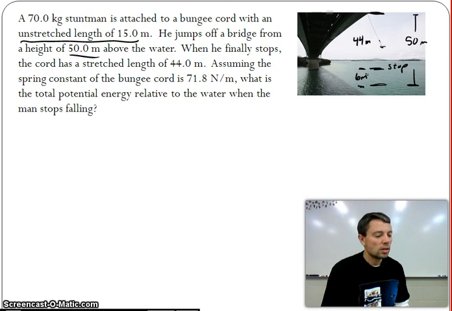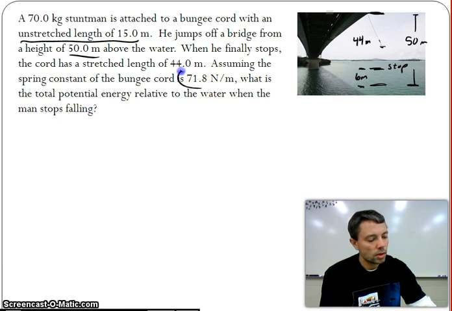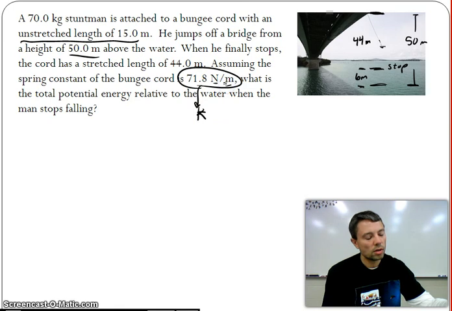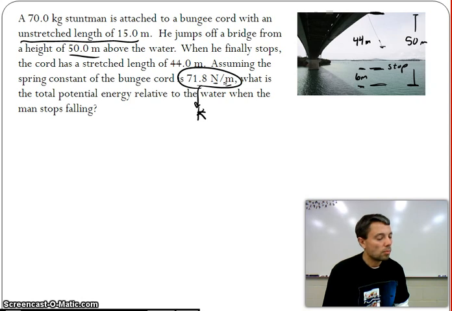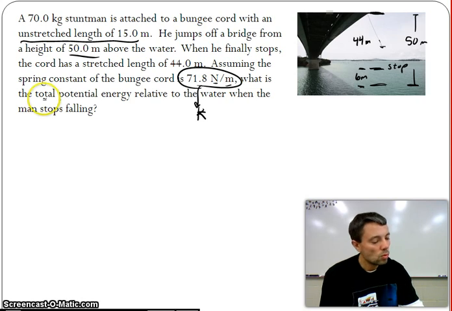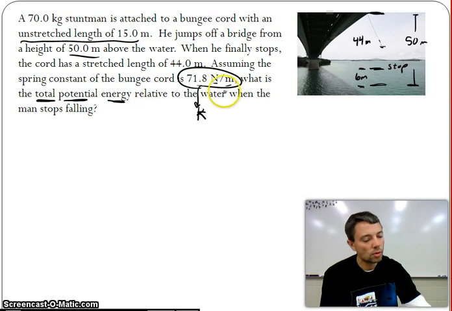Now, we're going to assume that there's a spring constant. Okay. There's that k value. Notice that's in newtons per meter, and that works out. It's a constant. We just want it mathematically to cancel what we need to cancel. We're looking for the total potential energy relative to the water.